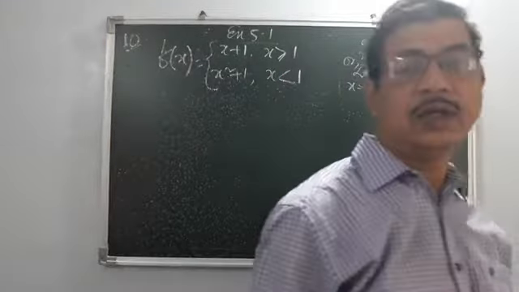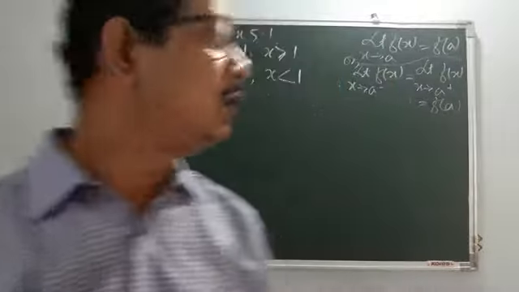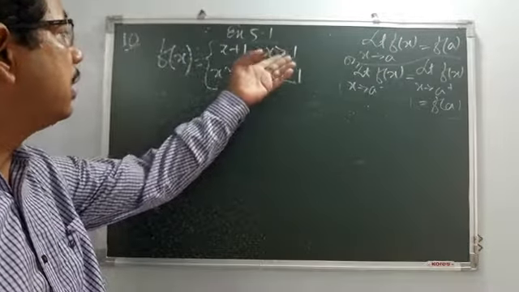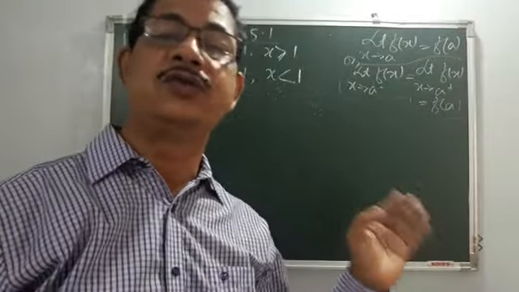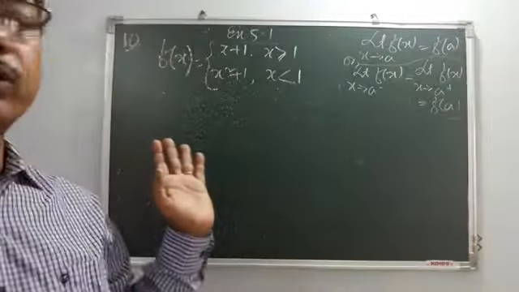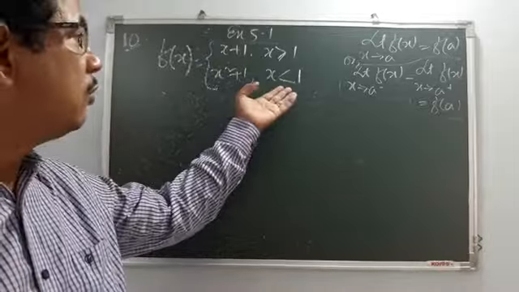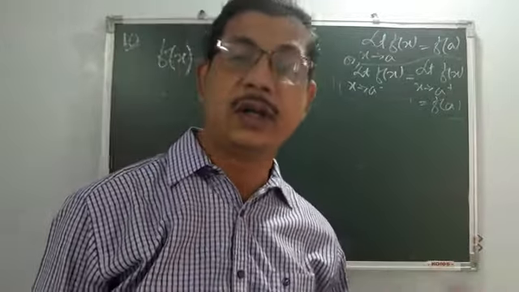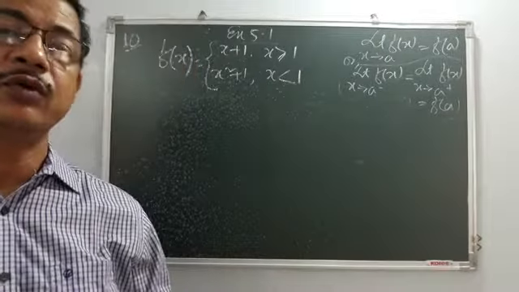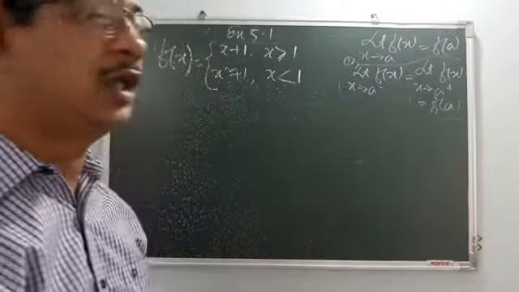Now students, again the same technique we will apply: for x greater than 1, f(x) is a polynomial function, so it is continuous. We do not have to worry about this one. For x less than 1, x square plus 1 is also polynomial, so f(x) is continuous. Then where do we have to check? Only at x equals 1.